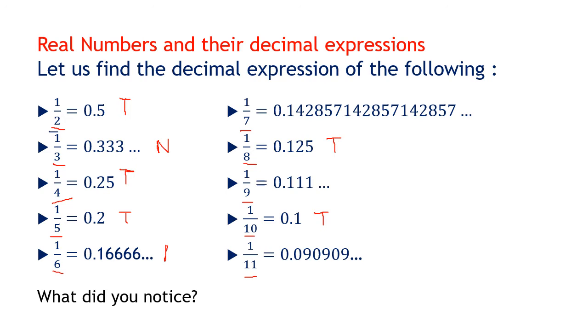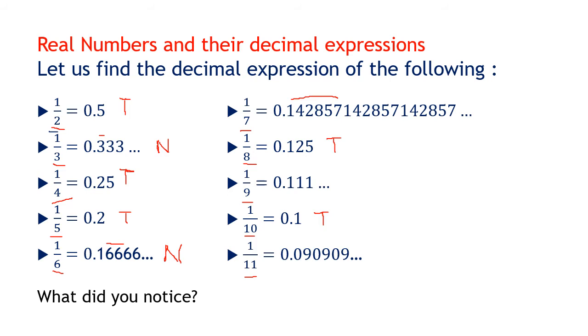So you can see all the fractions can be written in which form? Either terminating or non-terminating. Now the ones which are non-terminating, can you notice any pattern? Here the digit 3 keeps on repeating. Here after the 1, the digit 666 keeps on repeating. Here we have got 142857.